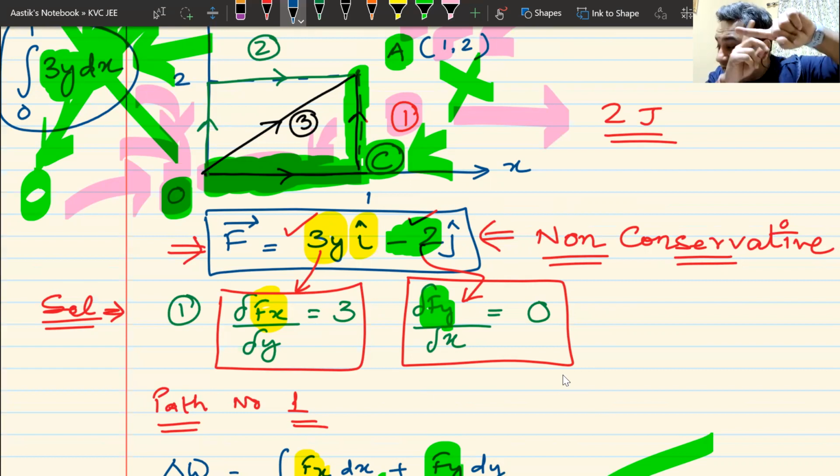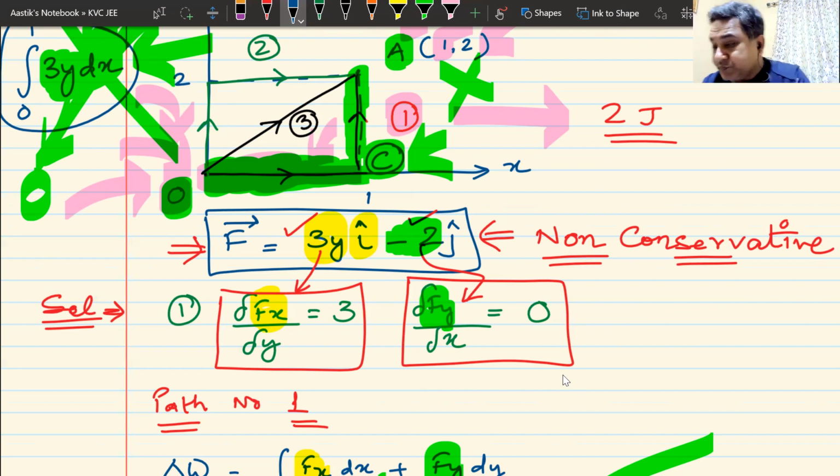Are you getting my point, or am I confusing you too much? You can think of this as two questions: a conservative force along the y-axis, and a non-conservative force along the x-axis.